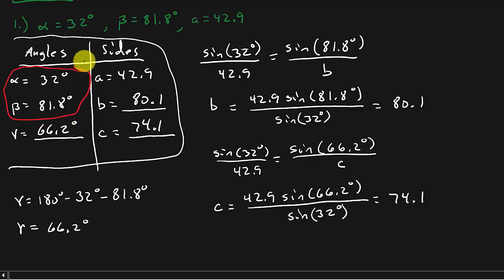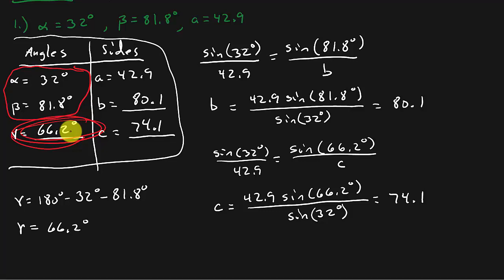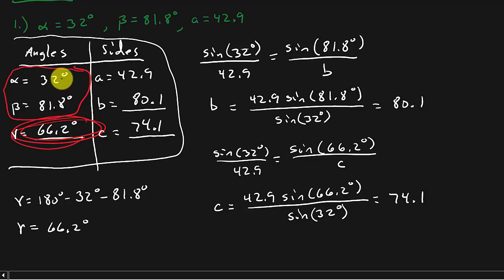This can't be anything else but 66.2 degrees. There's no way there's two triangles possible. I mean, what else is it going to be? Because this angle has to be 180 minus this one, minus this one. We have no choice, no options here, because these two angles are set.